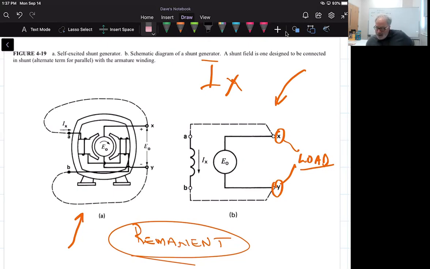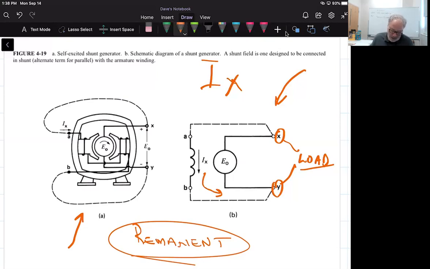And this excitation current is acting in the shunt field. As I turn this, the resulting small magnetomotive force is in the same direction as the remnant flux, and it causes the flux per pole to increase.